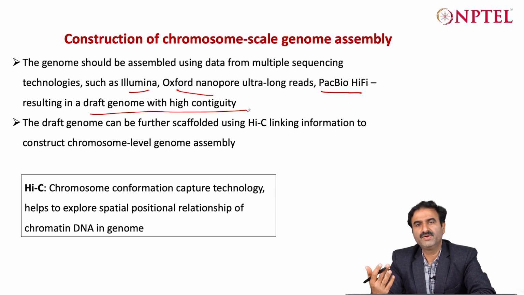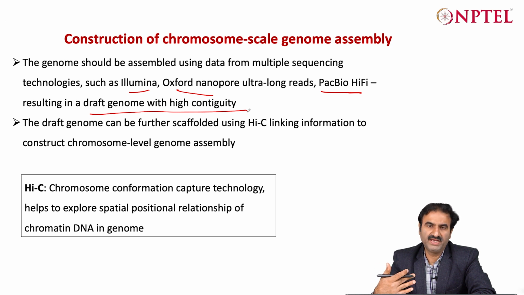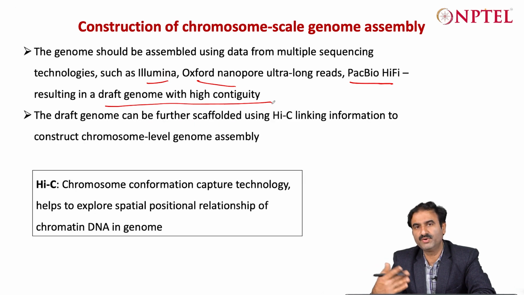That means your N50 was good, your BUSCO was good, and your genome completeness was also more than 90%. N50 more than 1 MB, or 500 KB to 1 GB, right? So these things you need before this.